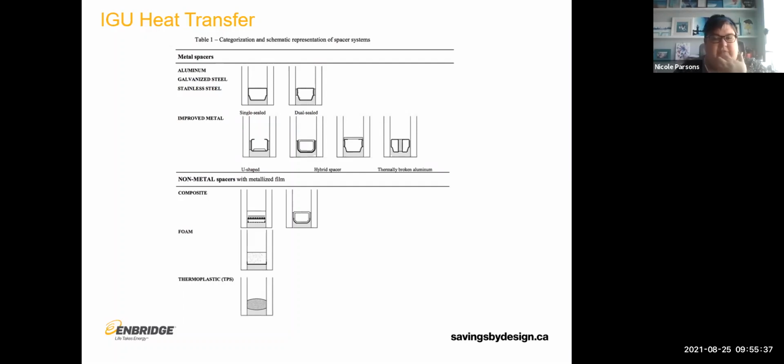However, the more typical approach currently is to use what they're calling the improved metal spacer. These are spacers that don't have metal all the way around. You can see in that first one in the row that it's open.